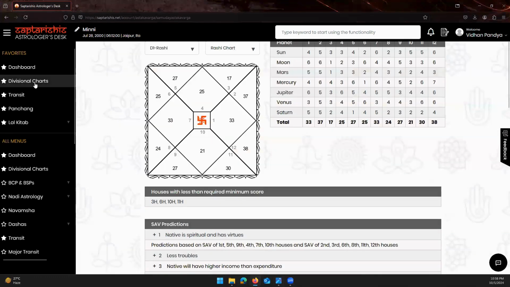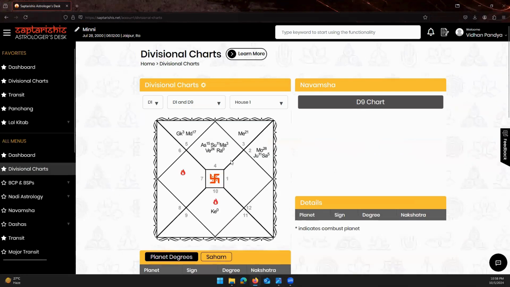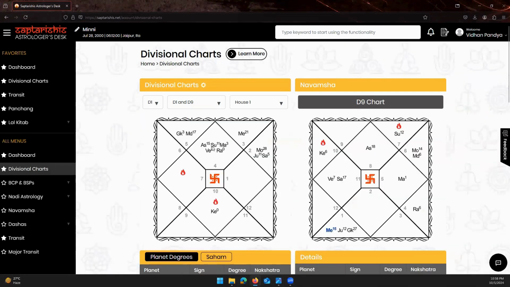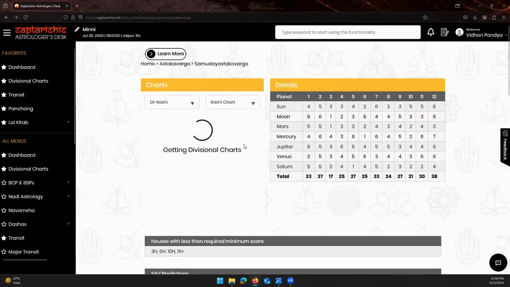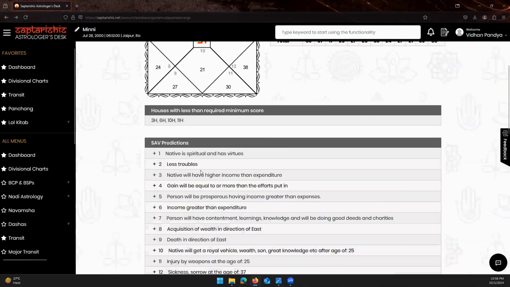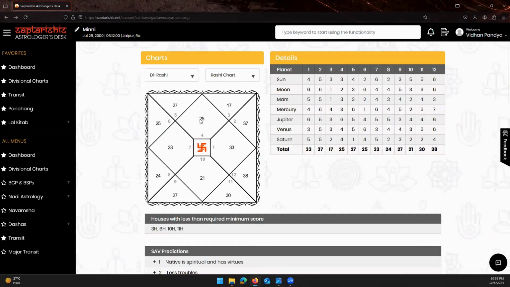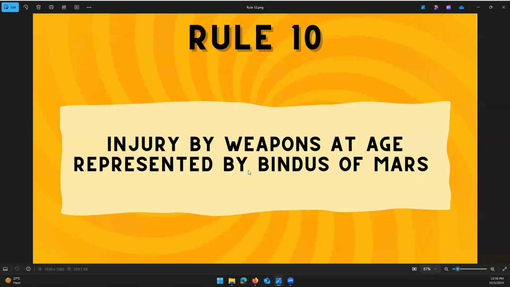Let's go to the chart. If you notice, Mars is sitting in the fifth house, and at the age of 25, the person may have a possibility of getting injury. Injury or accident may happen at the age of 25 for this particular native.